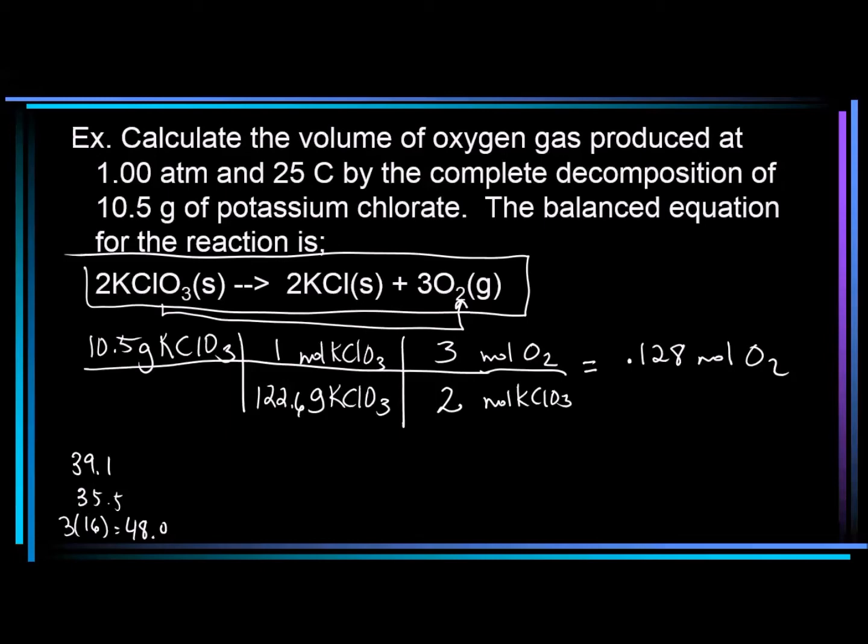Okay, I only use one gas law, and that one gas law is? Combined ideal gas law. Same thing. I need volume. Do I know pressure? Yeah. Do I know temperature? Yeah. Do I know the number of moles? Yes. I have two R's. Can I use one of the two?